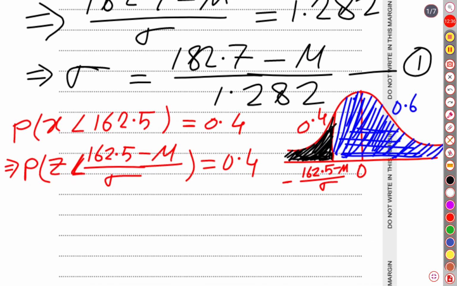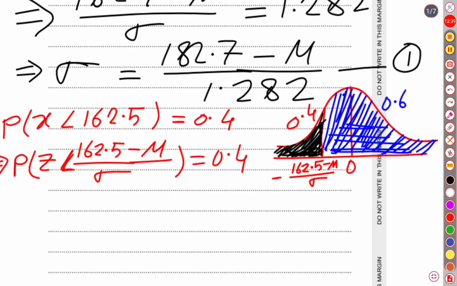First of all, the z score is lying on the left side because our probability is a small part, 0.4. At the middle the probability is 0.5 on each side, but that is not even necessary, so I will erase this to avoid confusion. Simply, the total probability is 1, so if this small part is 0.4, definitely the right side is 0.6.